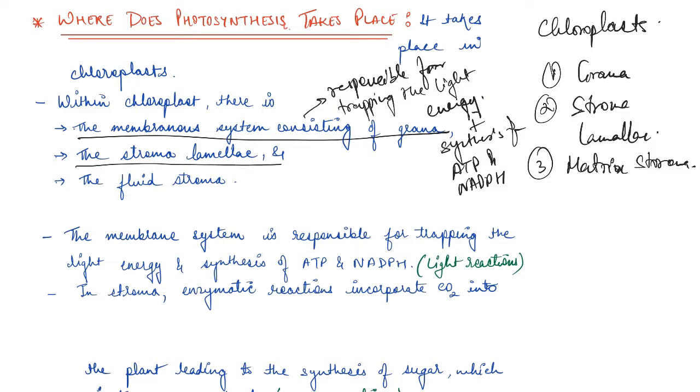Now what happens in stroma? In stroma, the enzymatic reactions synthesize sugar, and then it turns into starch. So here, sugar is synthesized.